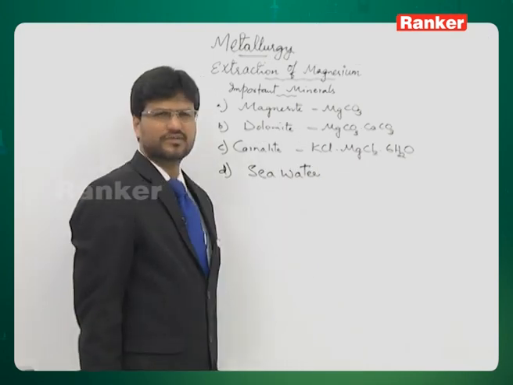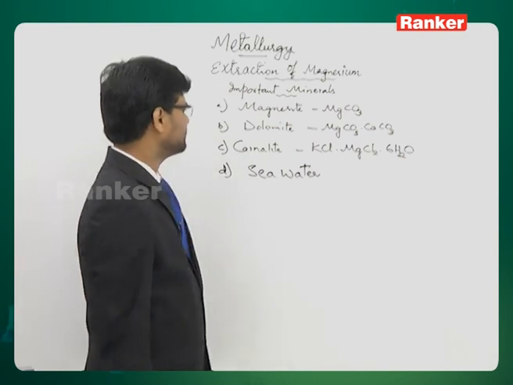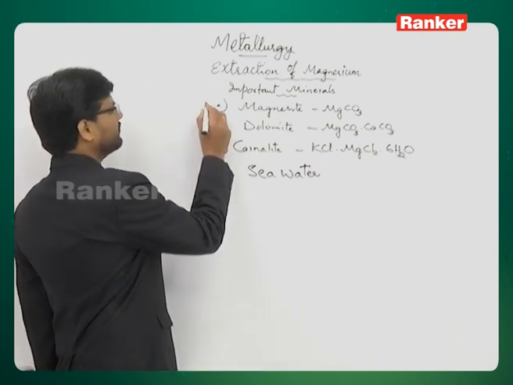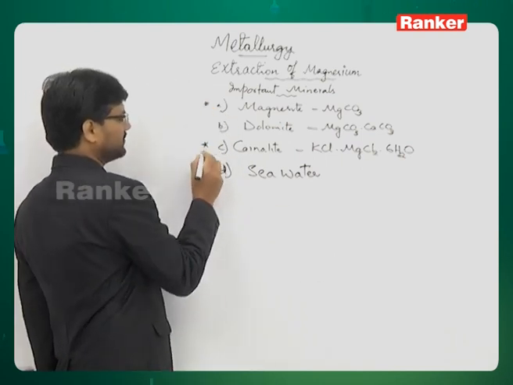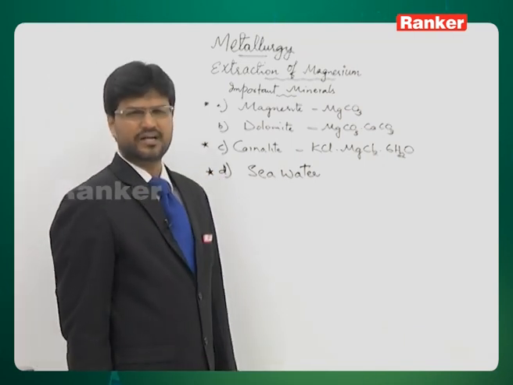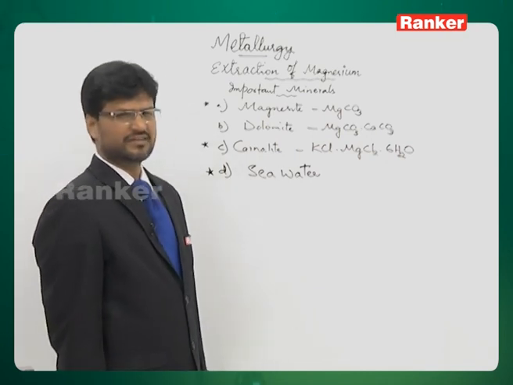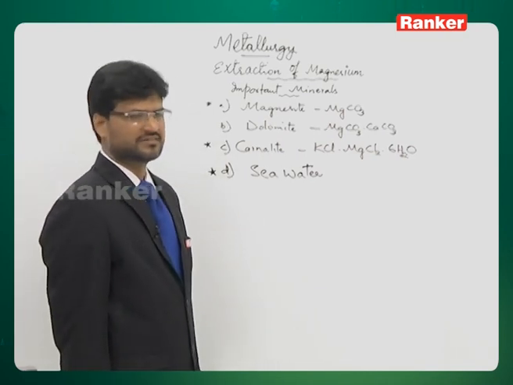Seawater contains soluble salt of magnesium. So, these are the important sources of magnesium, and we will see how magnesium is extracted from these three sources. Number 1, magnesite, number 2, carnallite, and number 3 is seawater. Let us see how magnesium is extracted from these sources.